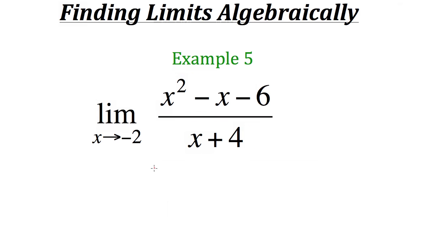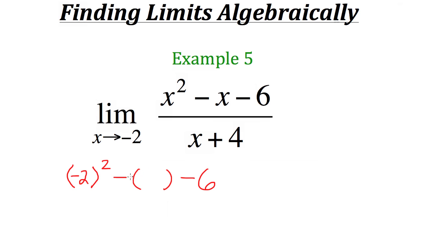So let's start by finding the limit of the numerator. So we have x squared minus x minus 6. And we want to find the limit as x approaches negative 2. So we'll plug in that x value we're approaching for our x variable.